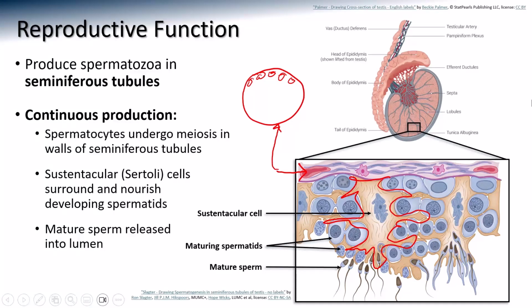So what's happening just below this basement membrane, we have a number of stem cells that are going to be splitting into spermatozoa through the process of meiosis. The farther down you go here, the more mature these cells will be.